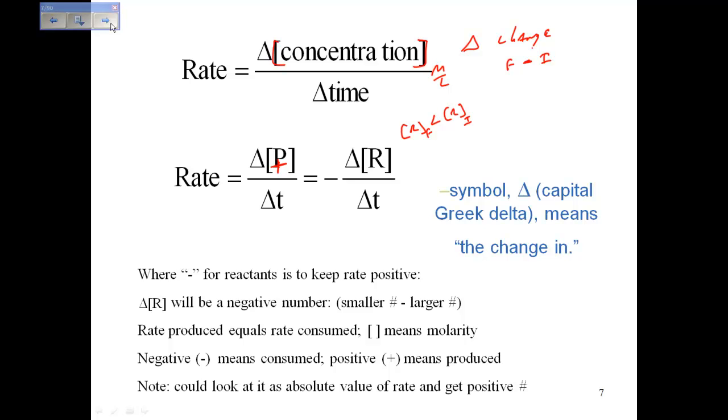Okay, because you're consuming them as you go, which would mean then that you're going to get a negative value for your change in concentration of R. Well, by definition, rate is supposed to be a positive value, so we have a negative sign here to make that happen. A negative times a negative gives you a positive. Now, if you wanted, you could simplify this and not worry about signs and just look at it as an absolute value situation, and that would always give you the positive value.